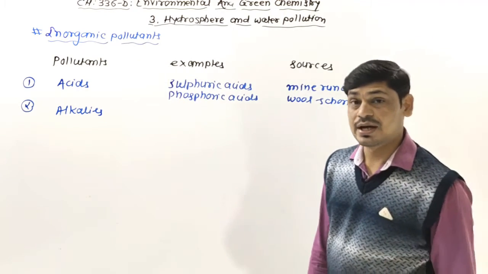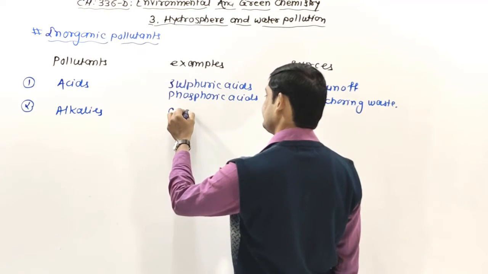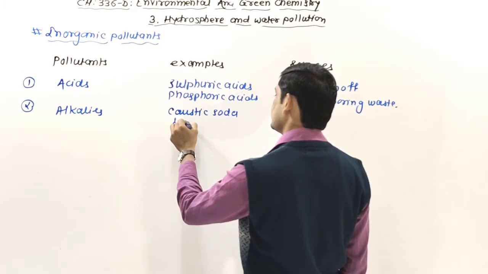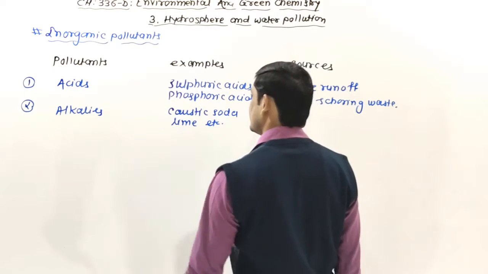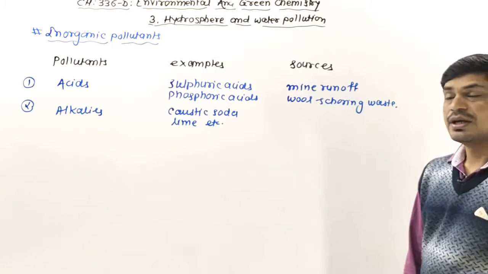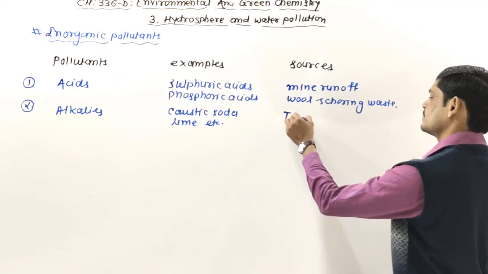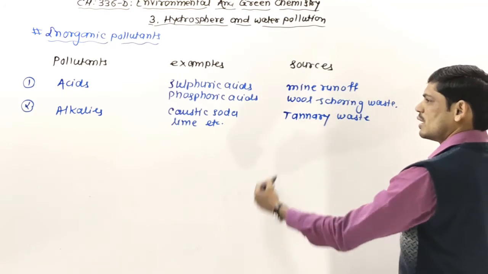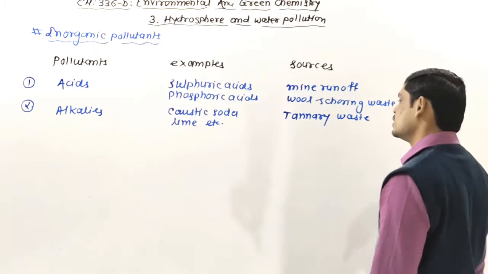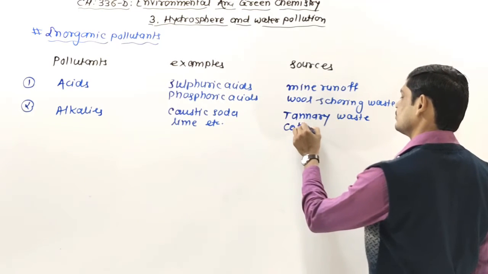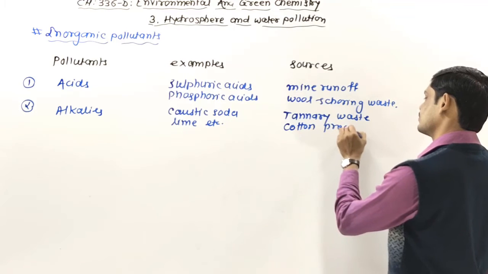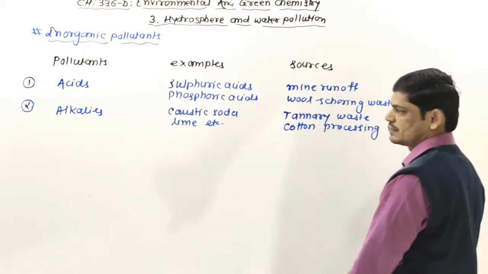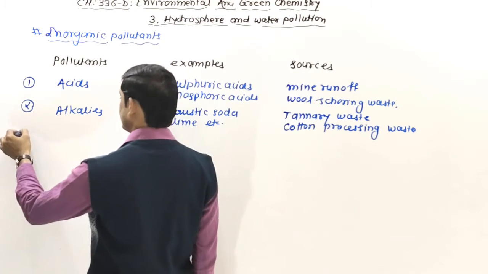Examples are caustic soda, lime, etc. They come from tannery waste. And second is cotton processing waste.